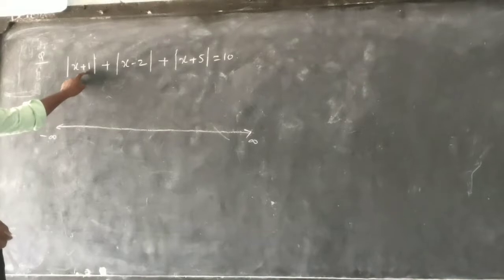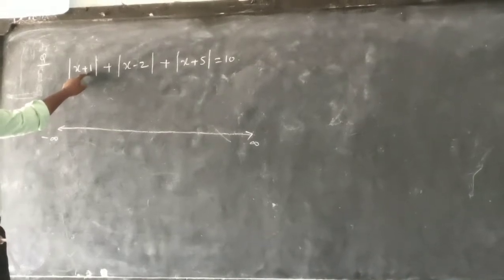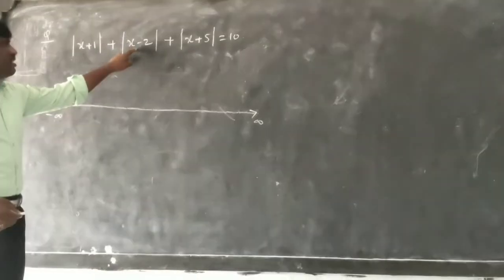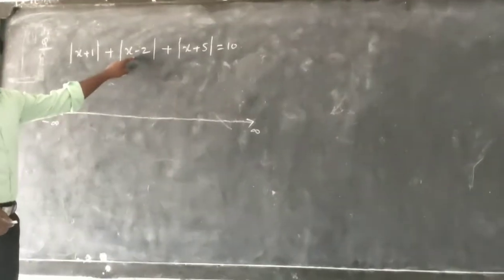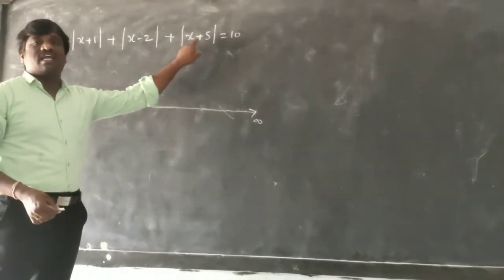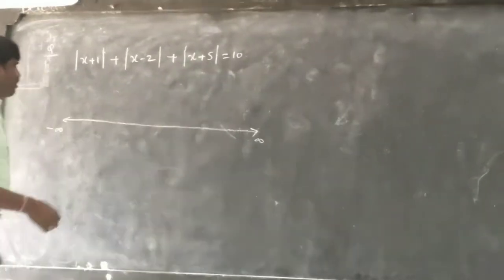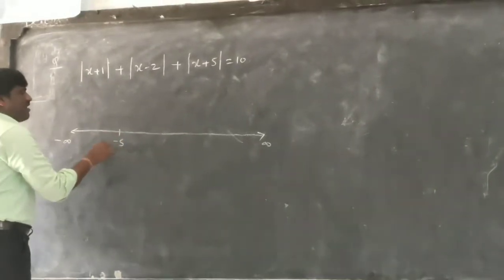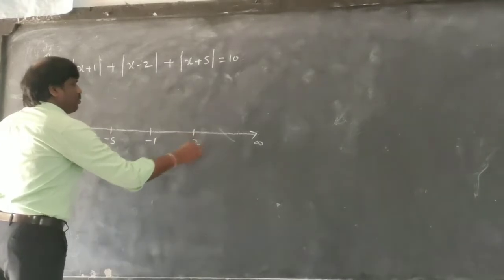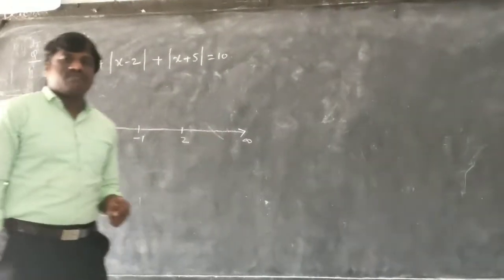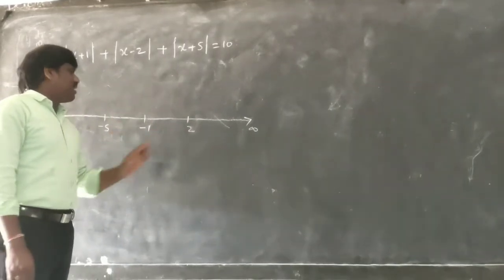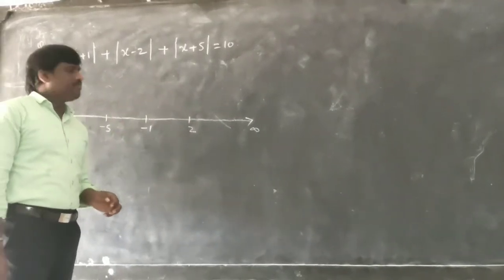If I take x plus 1 equal to 0, then x is equal to minus 1. x minus 2 is equal to 0, then 2 is the zero. x plus 5 is equal to 0, then the x value is minus 5. The zeros are minus 5, minus 1 and 2. We mark the zeros on the number line.